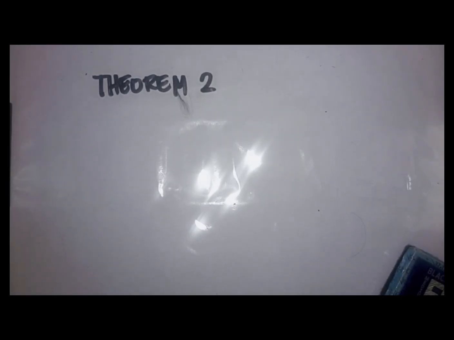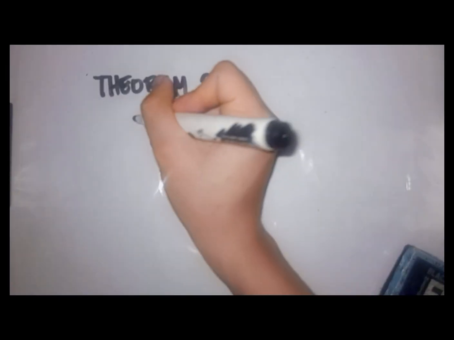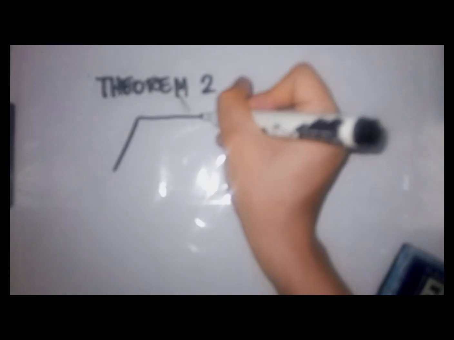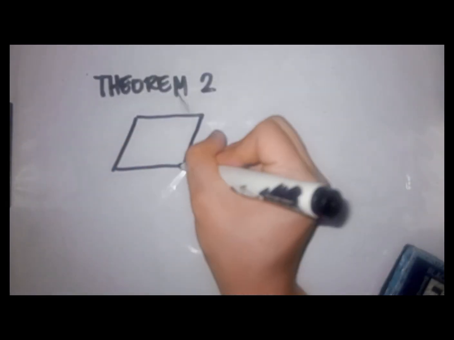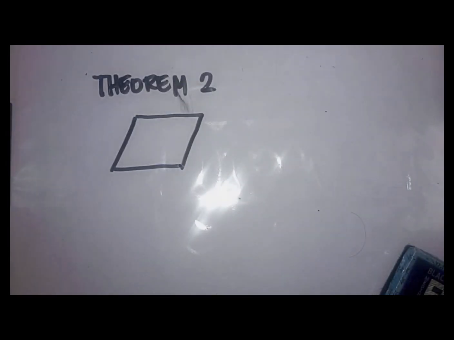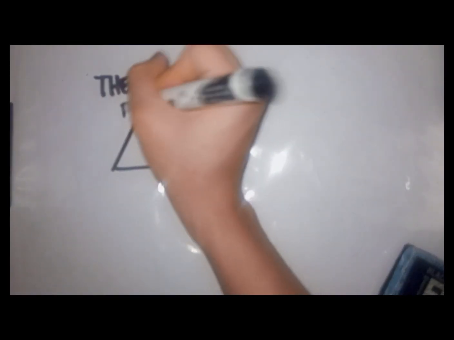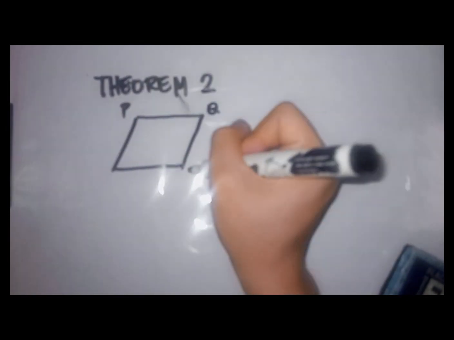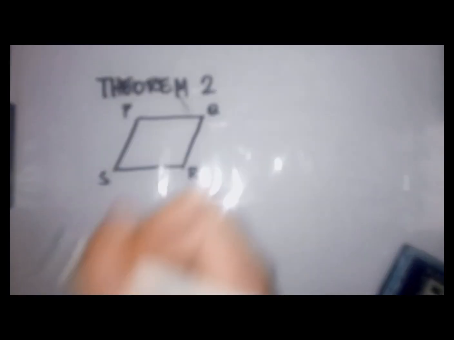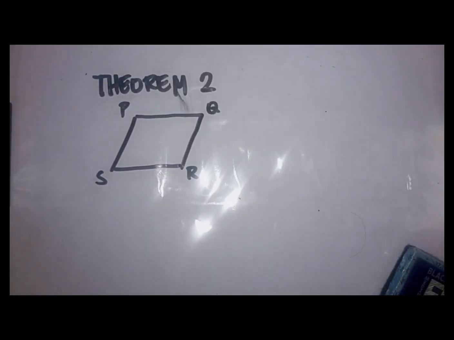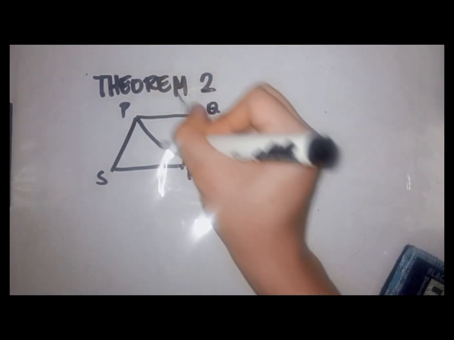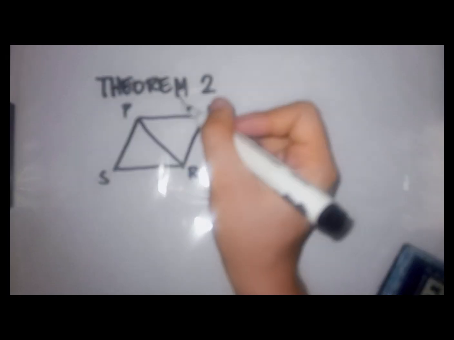Now let's look at the rhombus. I will draw here a rhombus PQRS, with diagonals PR and QS.